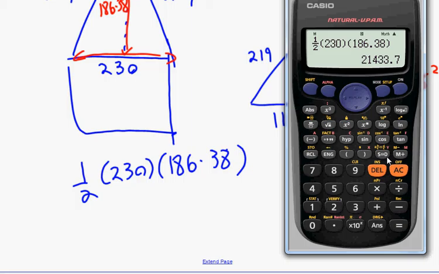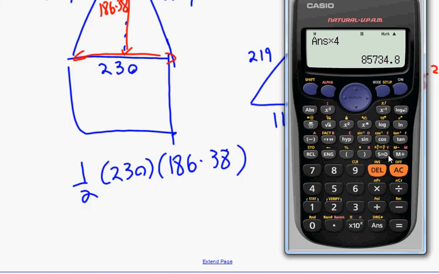There's 4 triangles, so multiply by 4 to get the 4 triangles. How many significant figures did you want again? 2. So 86,000. You have to round it off to 2 significant figures.